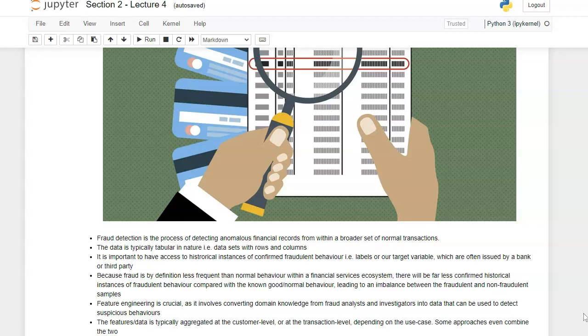And it's very important for us to have access to historical instances of confirmed fraudulent behavior, as these end up acting as our target variable or our labels for our data. These are often tricky to get hold of, as they are generally generated by a third party, which could be a bank or another financial services provider.